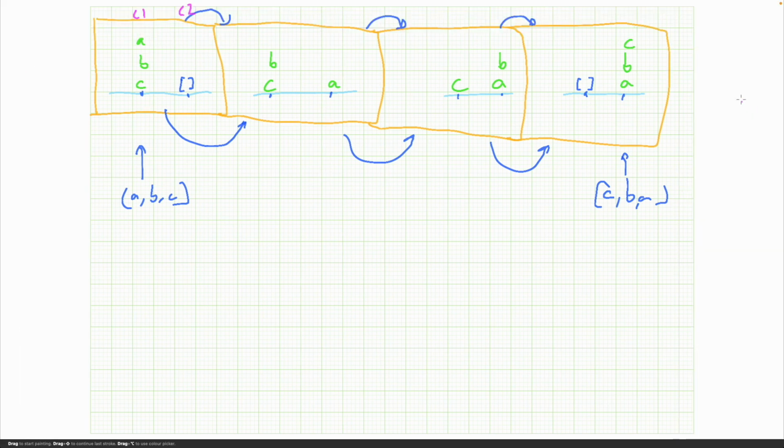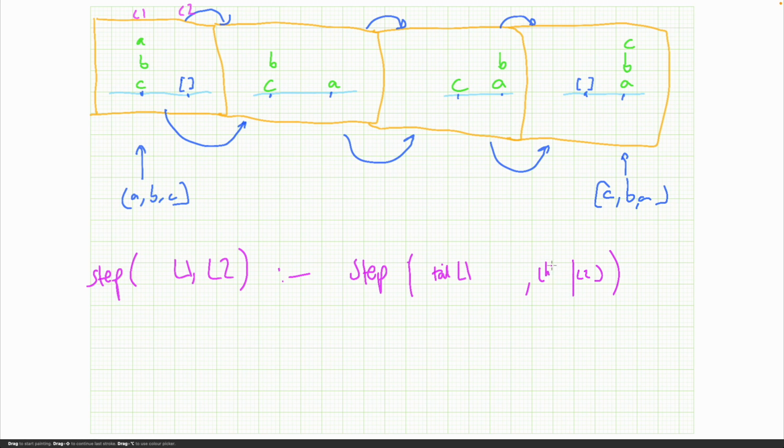So we could have named that relationship jump or next. We've just called it step. And we're saying it's true between L1 and L2, two lists, if it is also true that the step relation is true between the tail of L1 and a second list which has the head of list 1 appended to the beginning of list 2.